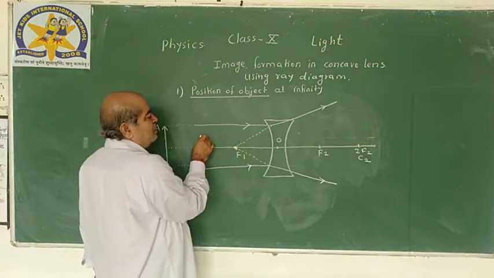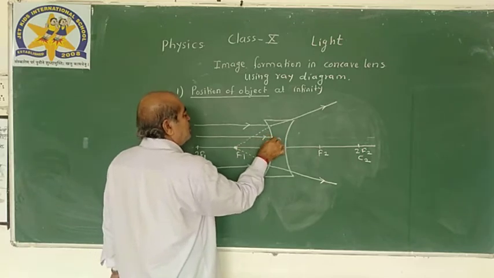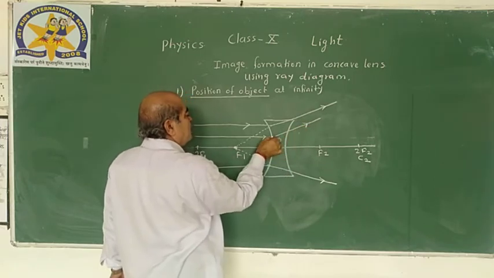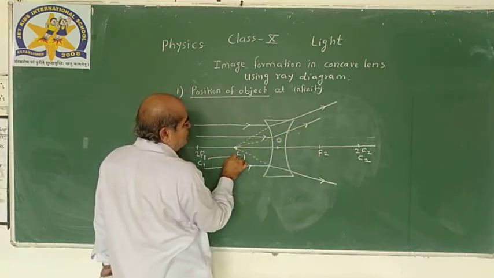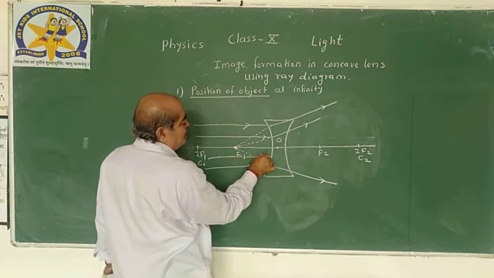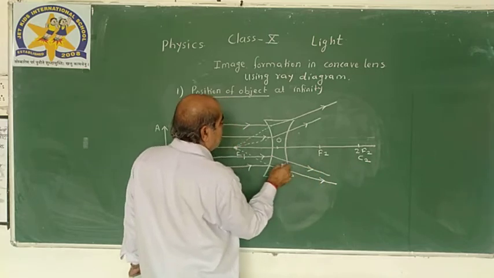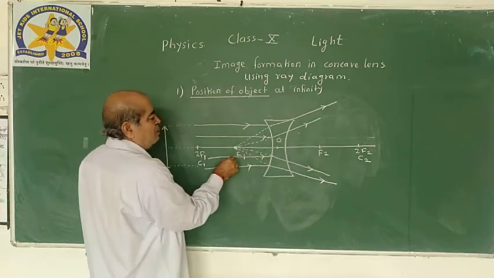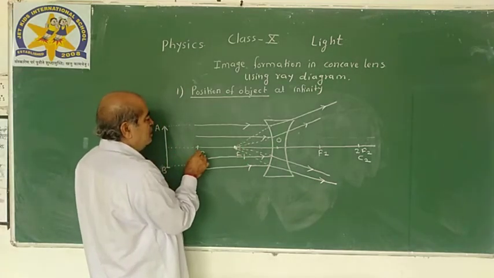This is another ray incident on the lens; again the ray of light is refracted and appears to come from the principal focus. This parallel ray is refracted, diverges, and appears to come from the principal focus on the same side.